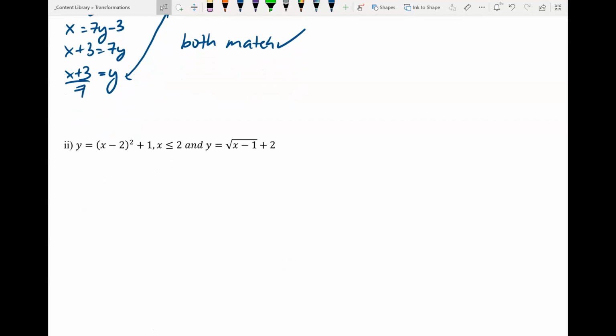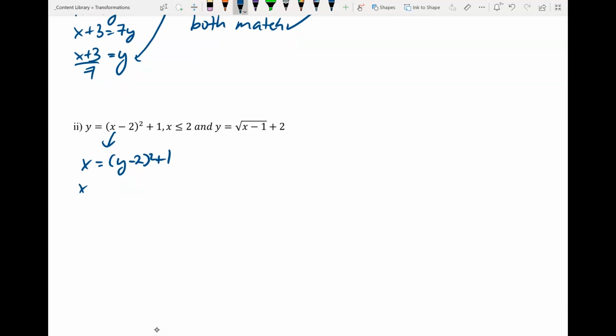Let's do one more here. So I'm going to take this one and find its inverse. I'll switch the x and y values and then rearrange and solve for y. And subtract 1 on both sides. Square root both sides.